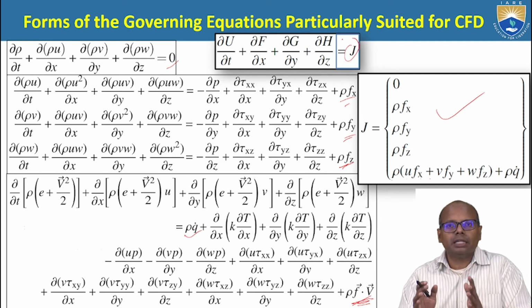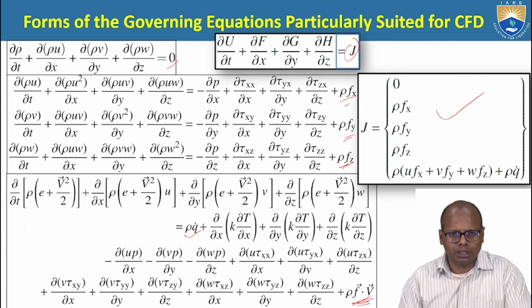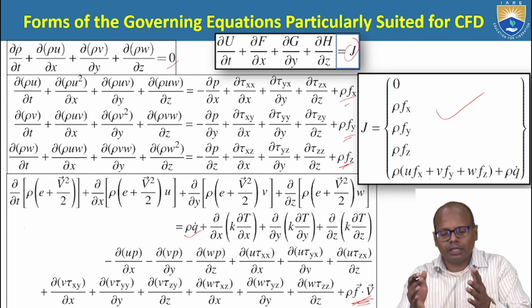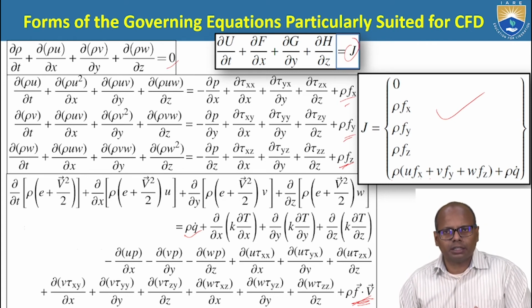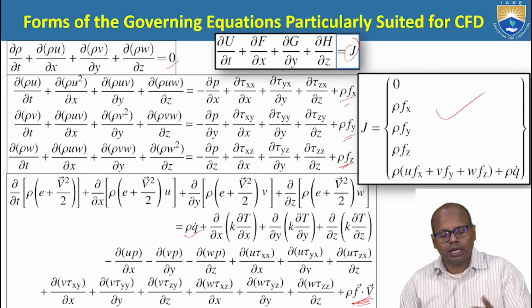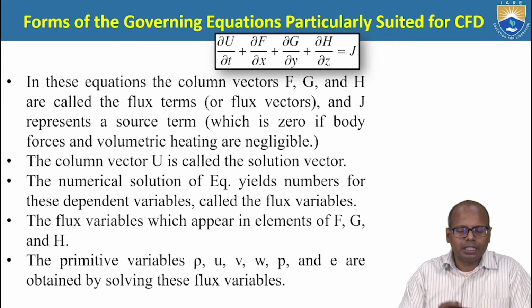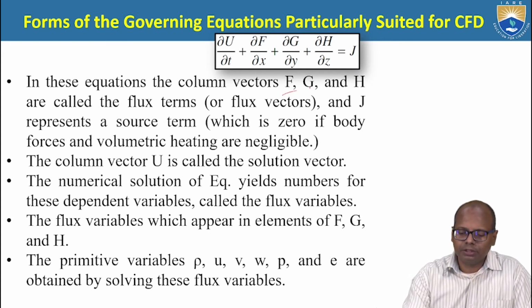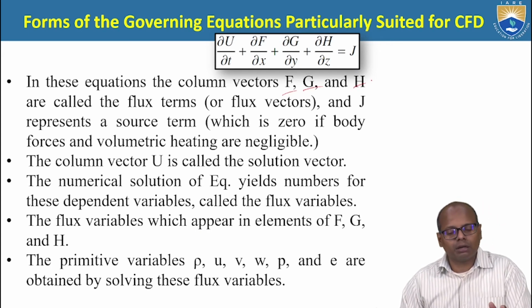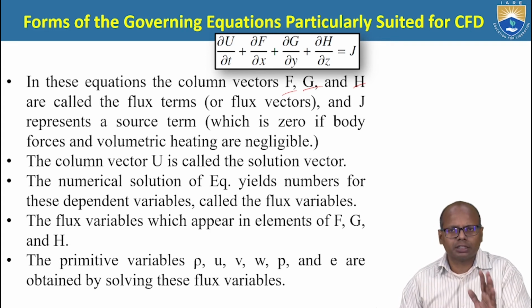So this is the generic form of the governing equation. And if I write all these things in this form, I can simply write the code for this and use all these column vectors. So it will make the code very simple and organized. Now in these equations, F, G, H are called the flux vectors because they contain the flux terms.